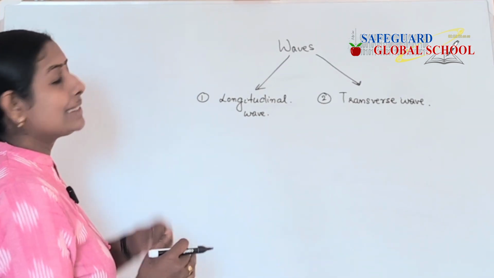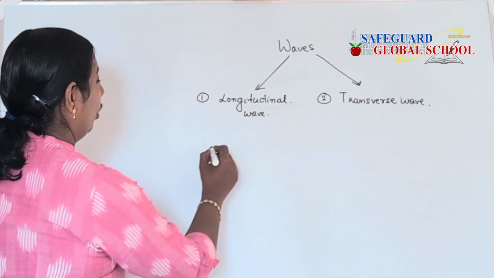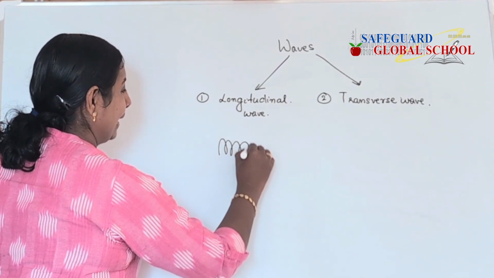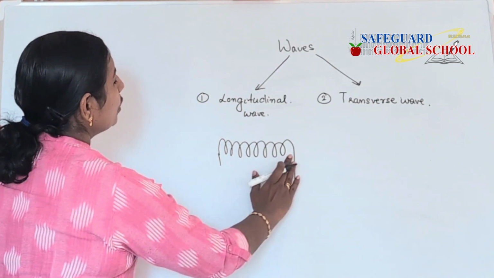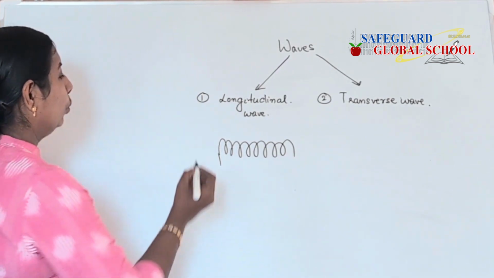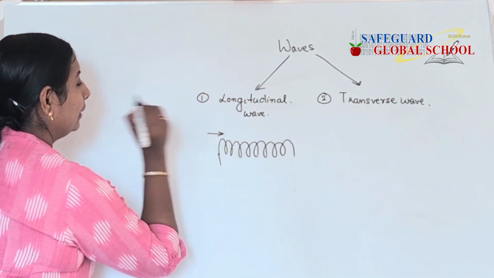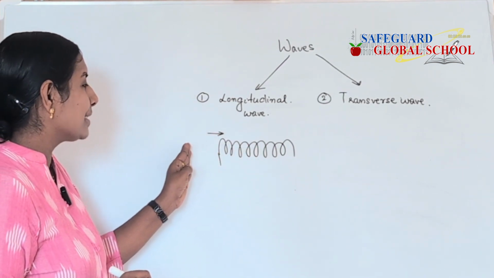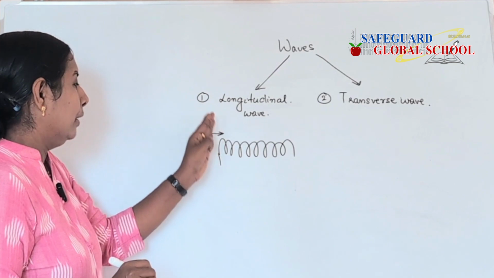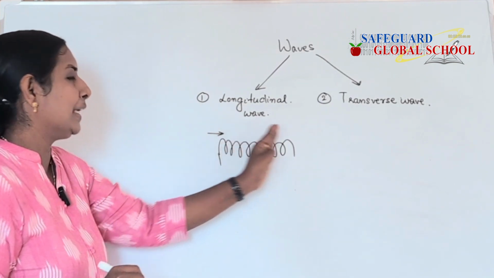So, let us take an example of a slinky. You know that a slinky. It's a slinky here, right? So, when we give a jerk like this, we can see that something is getting transferred from one end of the slinky to the other.